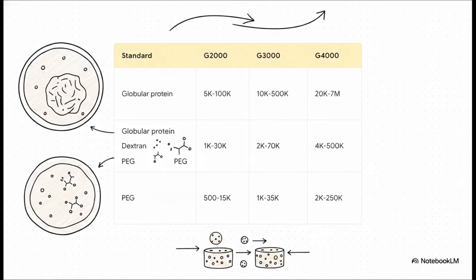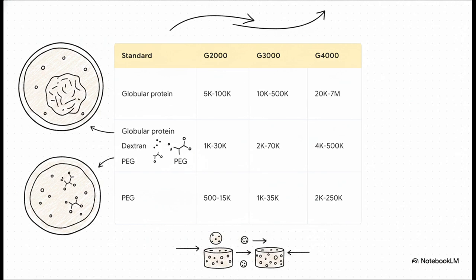And here is the ultimate cheat sheet showing the exact domains of application for these gels. This translates those curves we just saw into hard data, letting technicians instantly choose between, say, a G2000 or a G4000 gel based on their specific polymer. For example, if you're looking at a globular protein using a G2000 gel, which has 12.5 nanometer pores, the effective range is roughly 5,000 to 100,000 Daltons.